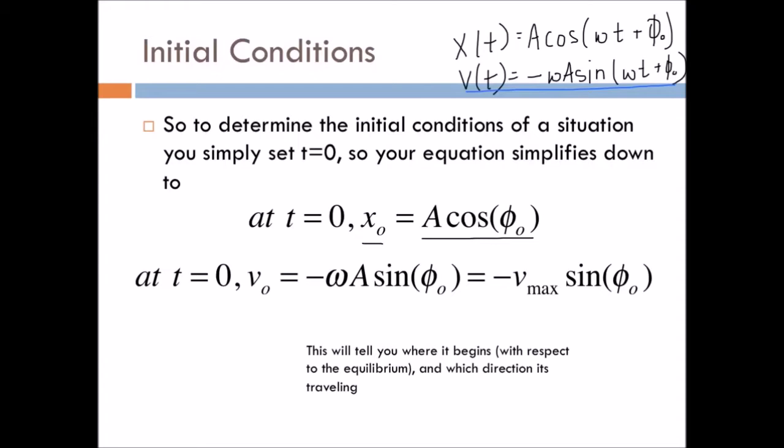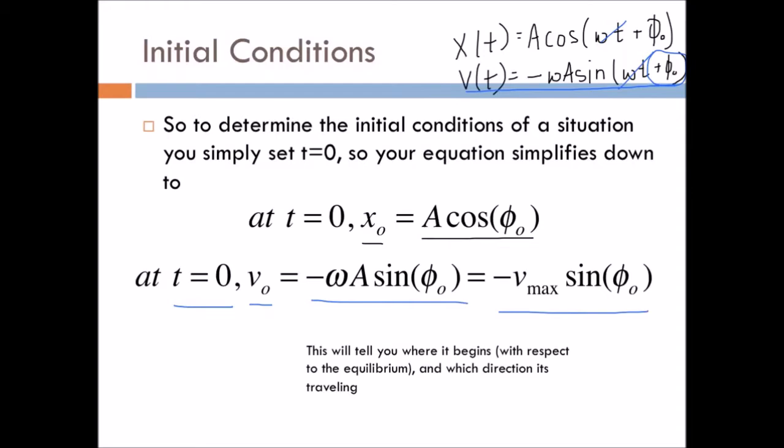And we said it was negative angular frequency times amplitude times the sine of, now we're adding this additional piece, omega t plus phi naught. So when I set t equal to 0, then what we're doing is we're solving for our initial velocity. So the first piece goes away. And all we're left with is negative omega times A times the sine of phi naught.